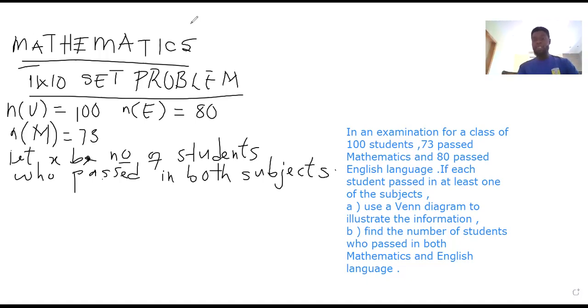Right. So let us represent the number of students who pass in both subjects. This is the information we're going to represent on a Venn diagram. Okay. So we draw a Venn diagram.